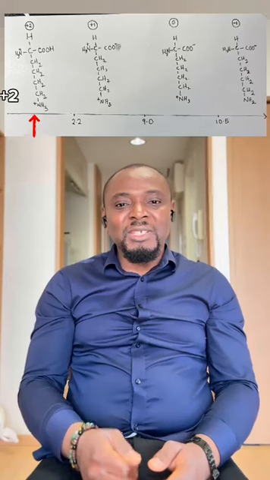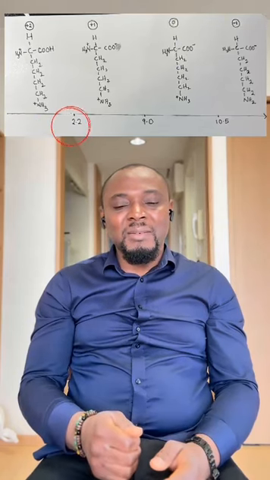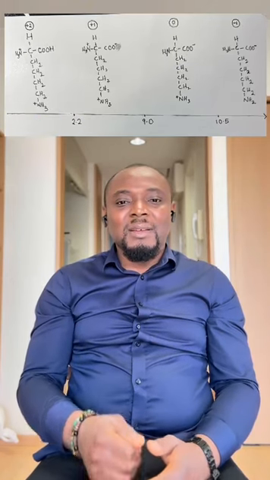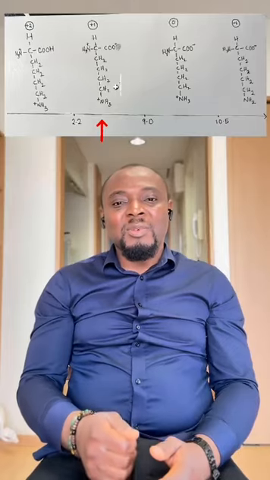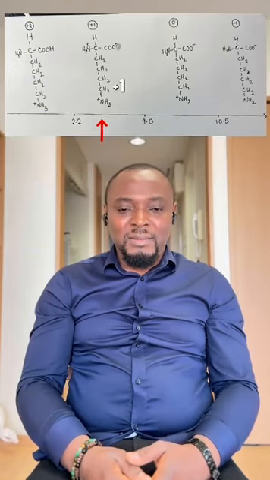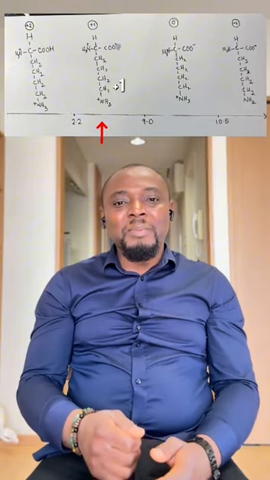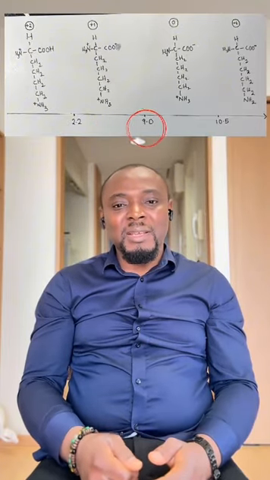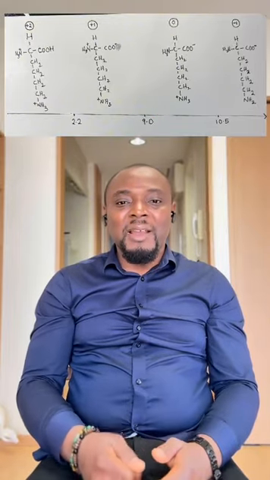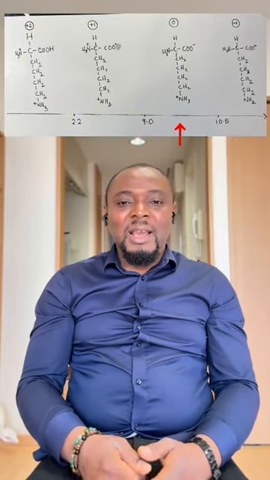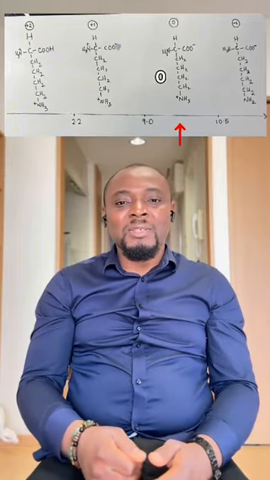When the pH reaches the first pKa value, it ionizes and the net charge becomes +1. By the time the pH reaches the next pKa value, which is the second pKa value, another ionization takes place and the net charge becomes 0.